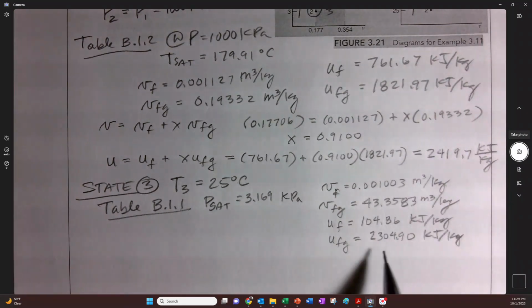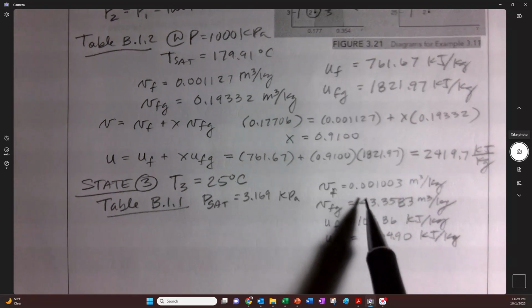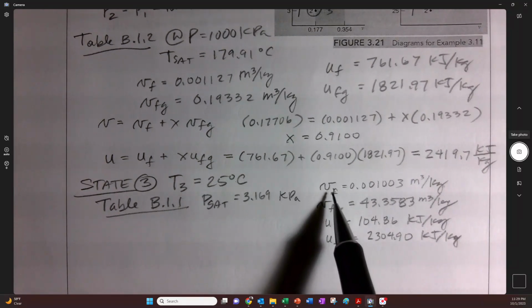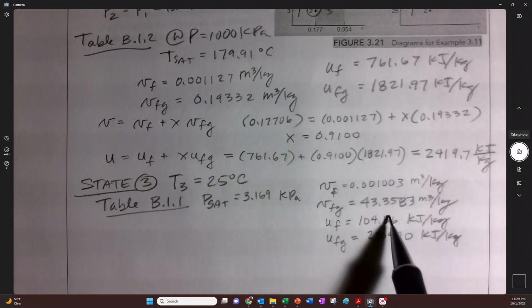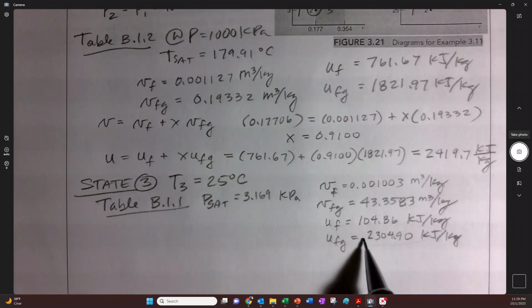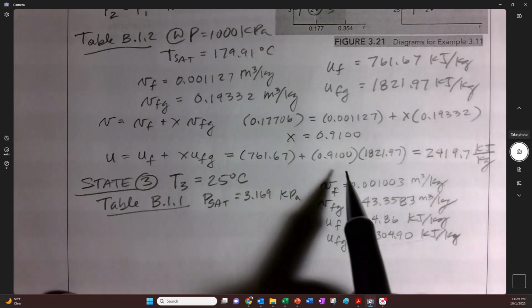All right, one of the reasons why we go through this, one of the mindsets in this particular step, is we need the quality so we can use it to find out what this end result is going to be. So we use the information that we have.